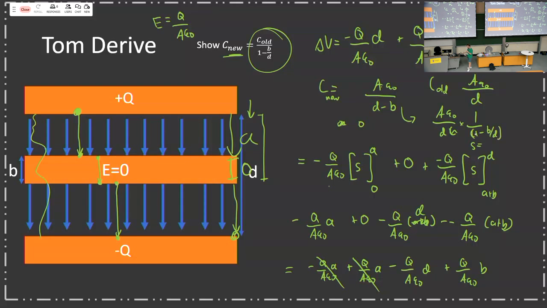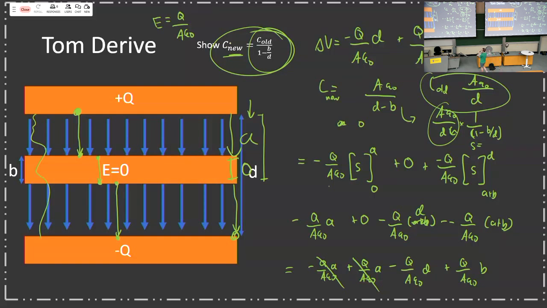I know it's kind of a bit all over the place. And then this was capacitor old, right? This is C old. So then we find this. That was anticlimactic, I know. Please tell me that's a face of, oh yeah, I get it, instead of, what are you doing here? All right.